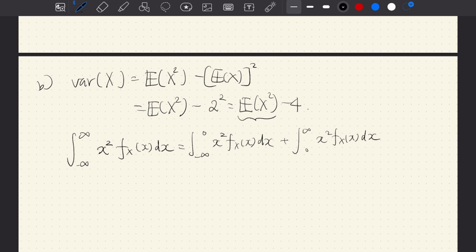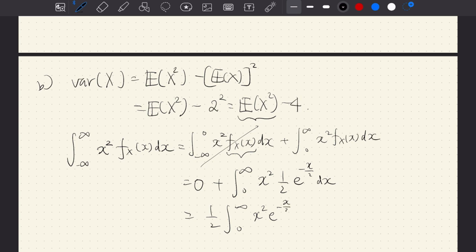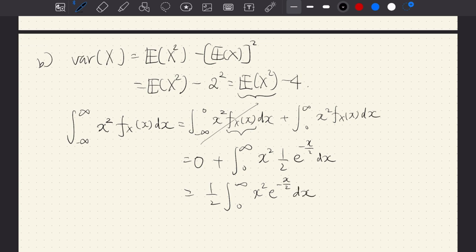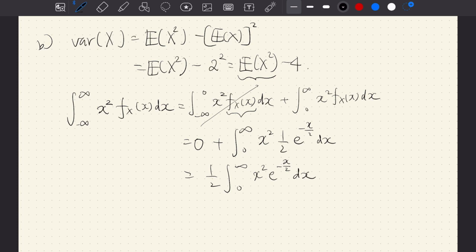Okay, and for values of x less than 0, f of x should be 0. So this term goes to 0, okay? And for this term, we can write this is equal to x squared times 1/2 e to the negative x over 2 dx. Okay, so this is equal to 1/2 of the integral. And for this integral, you can use integration by parts, like you can write out a formula, but you have to do it 2 times.